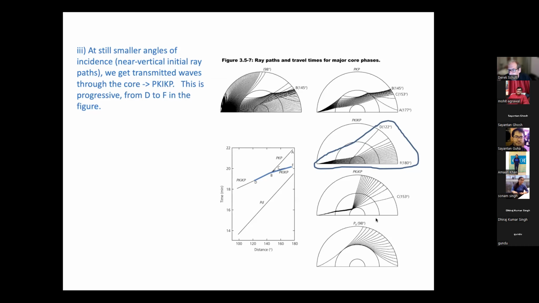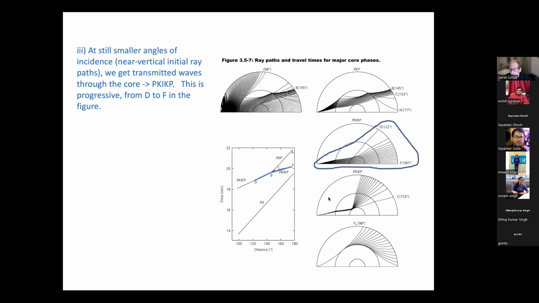This third from the top is reflections off the outer core. But there is no PcP, for instance, which is a reflection of the P wave off the outer core boundary. Okay, I see now.